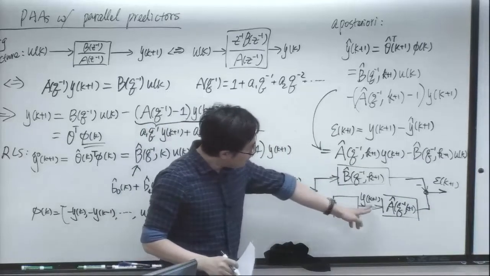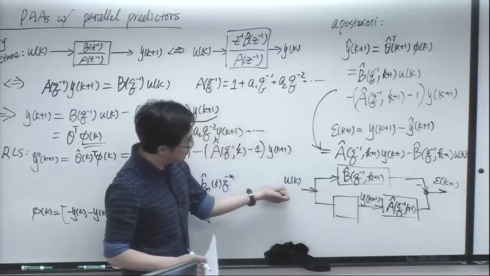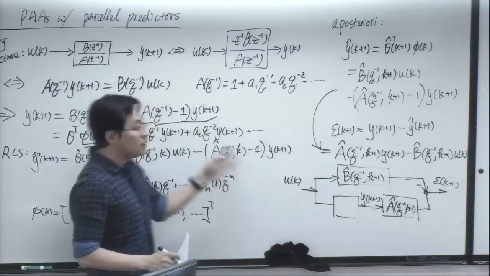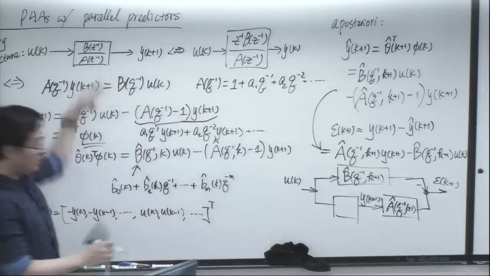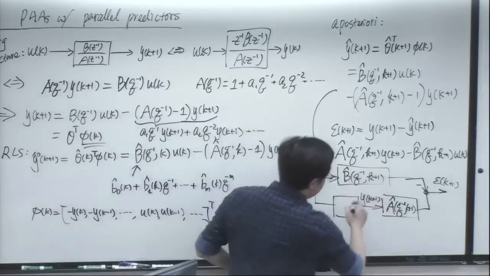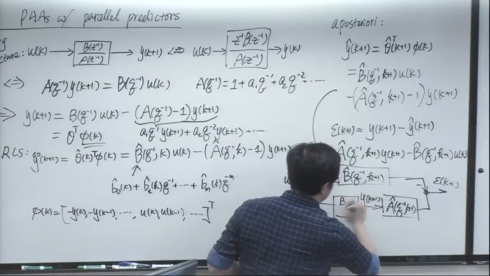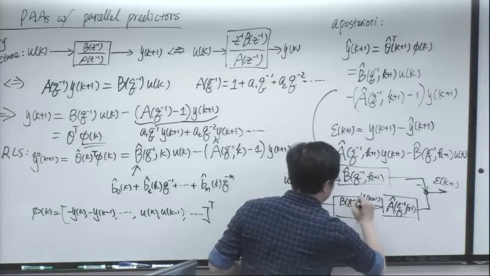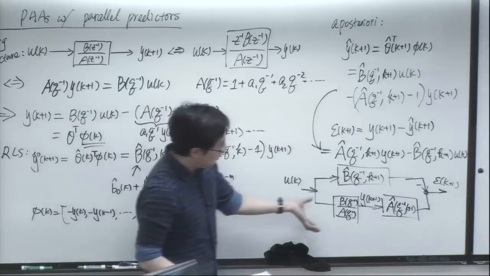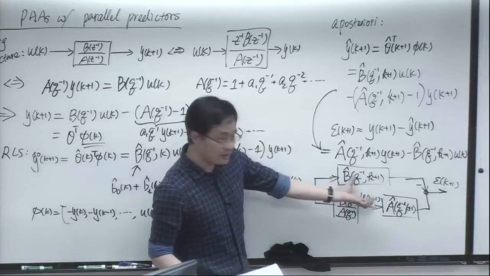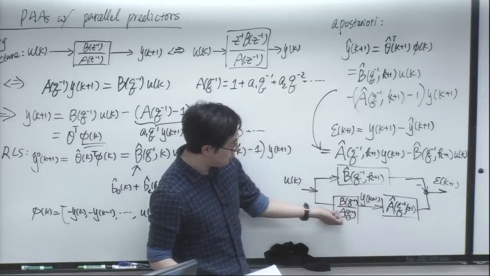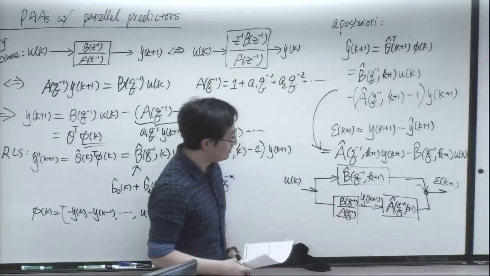And how we can get y_{k+1} from the input u is from here. So this structure contains both the estimated version of the parameters and the true parameters in this block diagram.